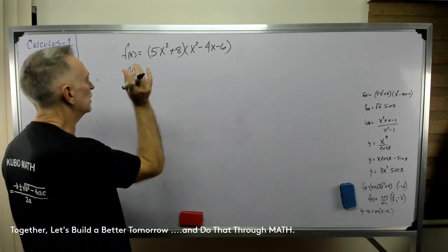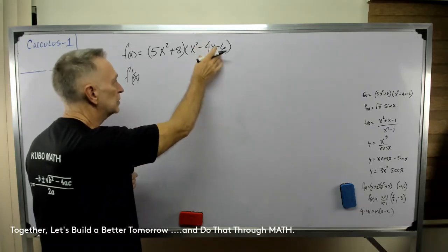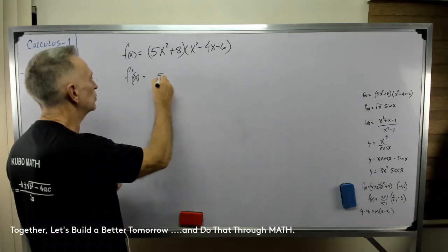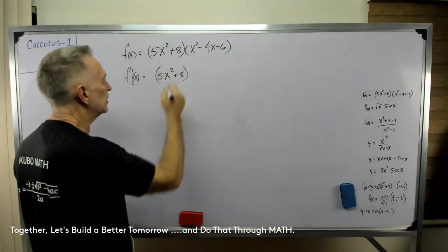Okay? And what does that product rule say? It was telling us that the first one times the derivative of the second one plus the second one times the derivative of the first one. Okay, so the first one, 5x squared plus 8, times the derivative of the second one.